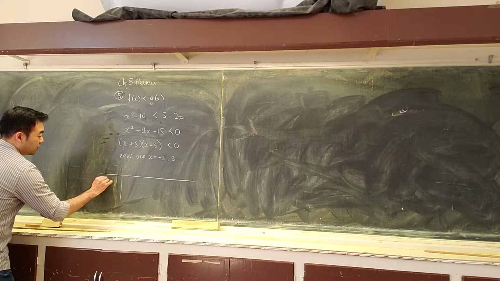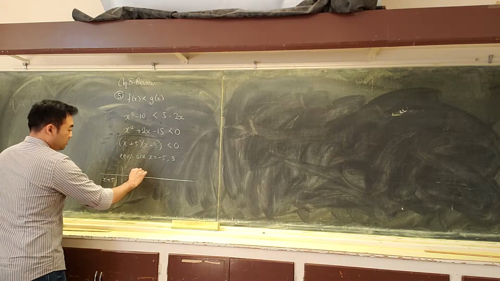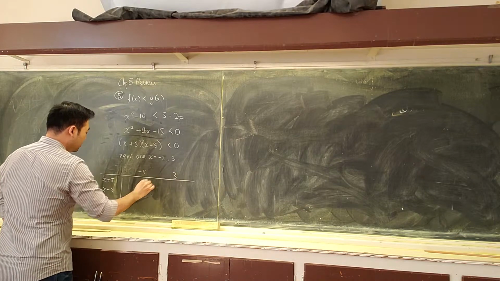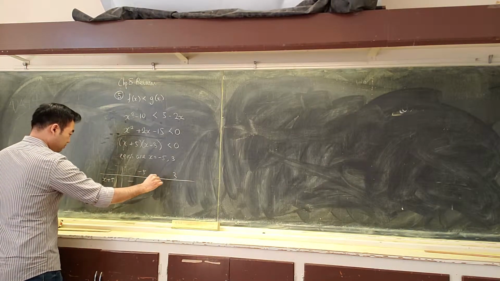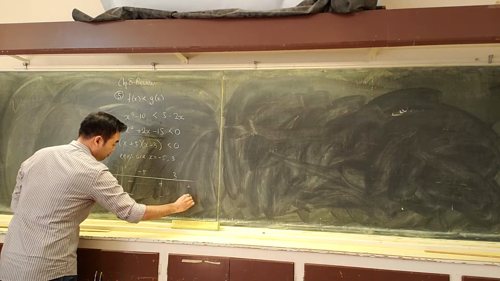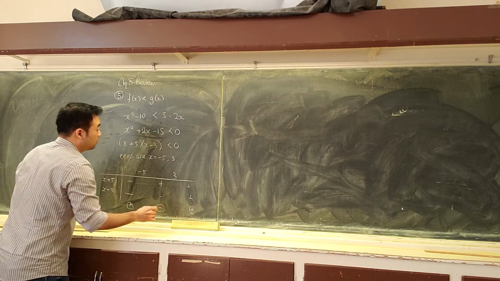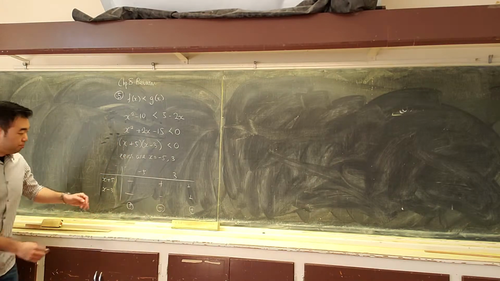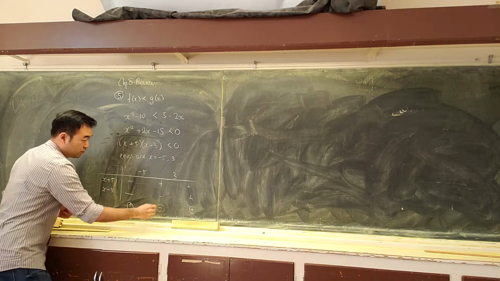We have x plus 5, x minus 3, negative 5, 3, negative. So positive, negative, positive, positive. So we have between negative 5 and 3, it's equal to a 0.